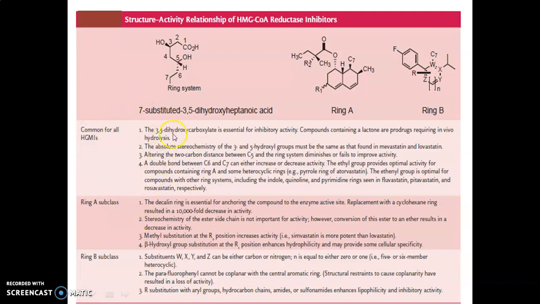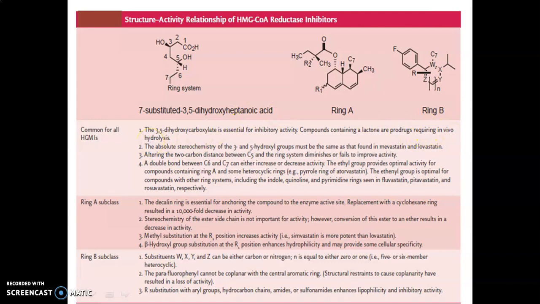The 3,5-dihydroxycarboxylate is essential for inhibitory activity, meaning the dihydroxy groups at the 3 and 5 positions and the carboxylic acid group are essential for the antihyperlipidemic activity. Compounds containing lactone are prodrugs requiring in vivo hydrolysis.